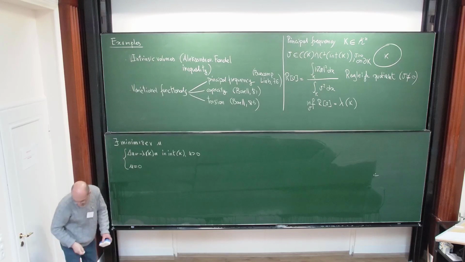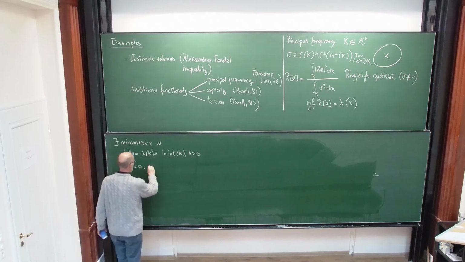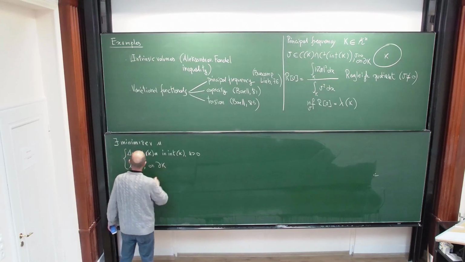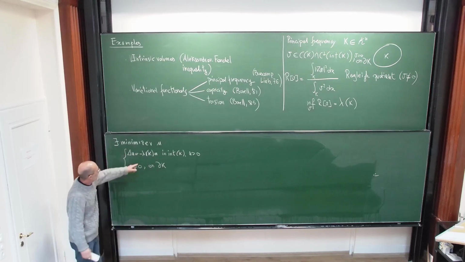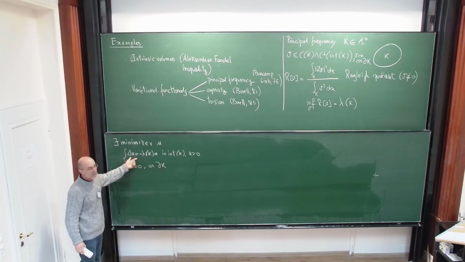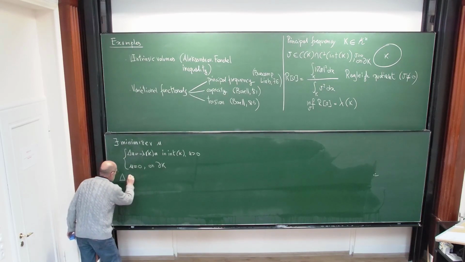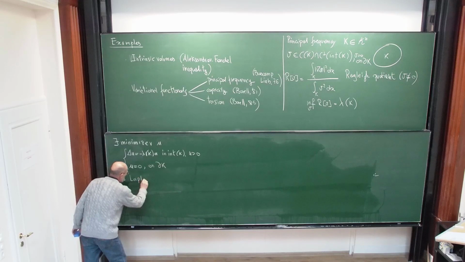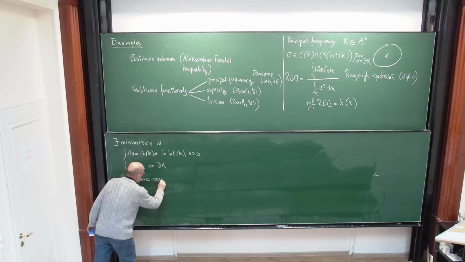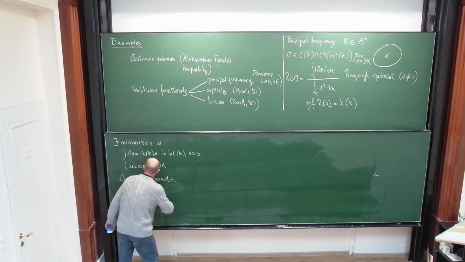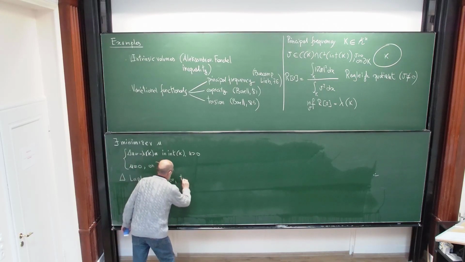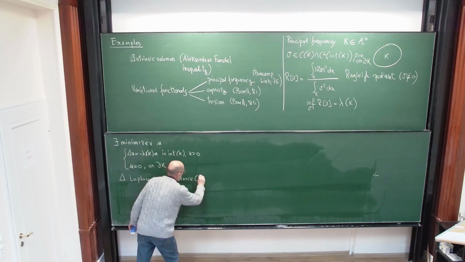So in fact, lambda is the first eigenvalue of the Laplace operator in the domain with Dirichlet boundary condition. Now, this symbol here is the Laplace operator, and it's just the trace of the Hessian matrix.